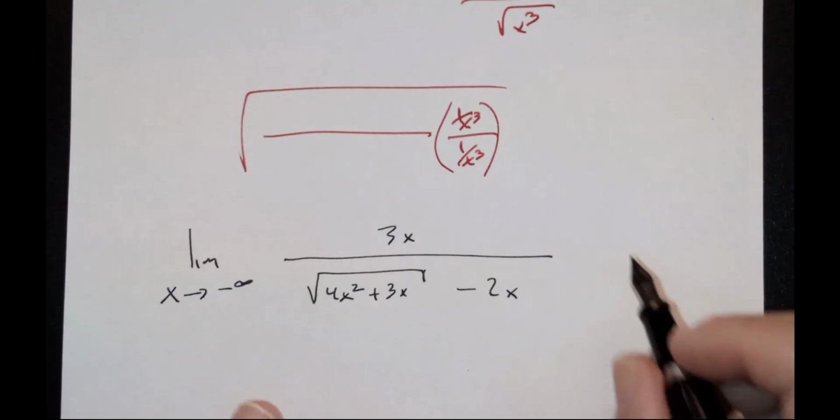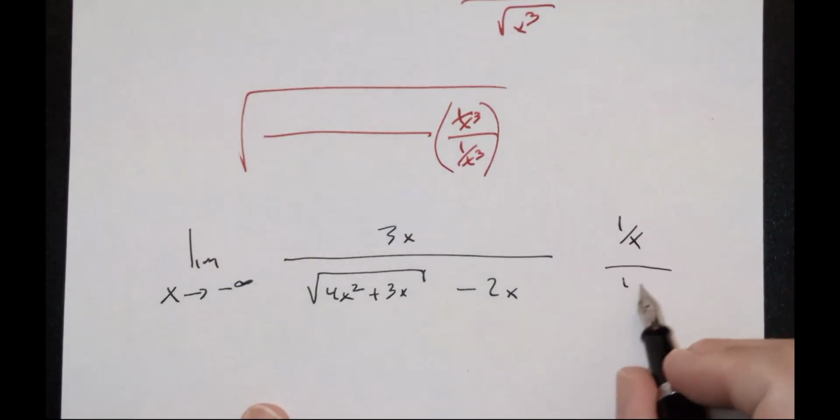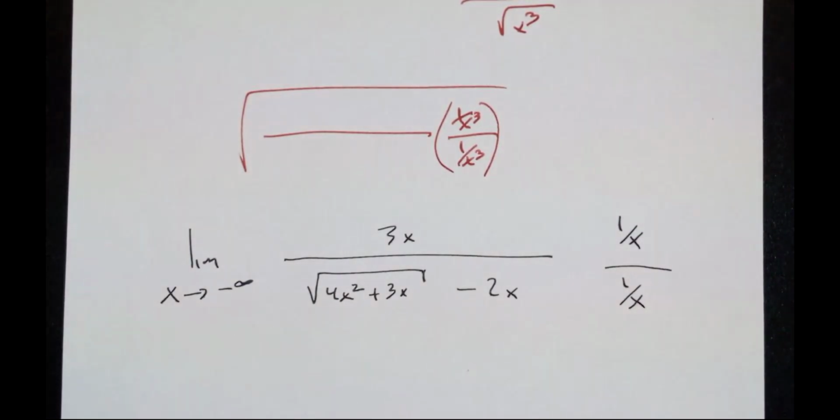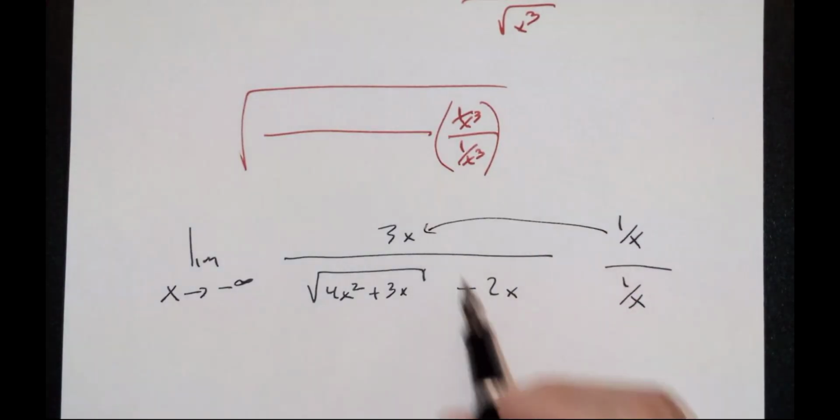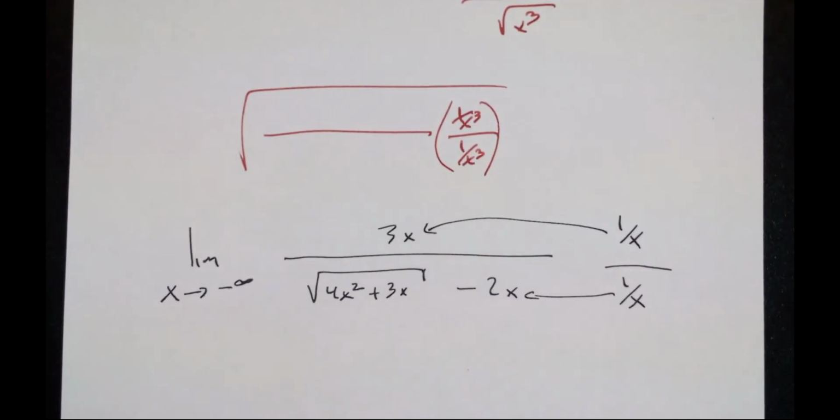So I really want to do that. Right? And I'm perfectly fine when I try and put that with this, and when I put that with this. But when I go to put that with this, I have a problem. This doesn't have a square root, that does.